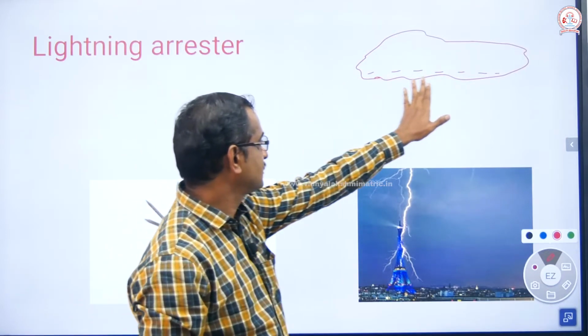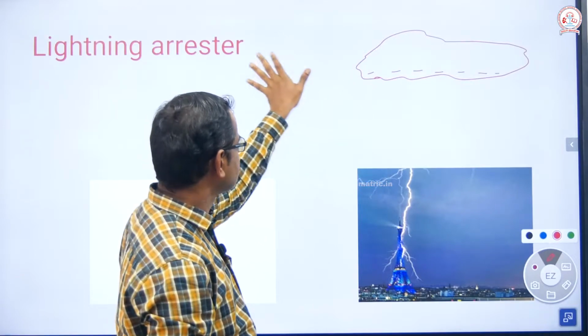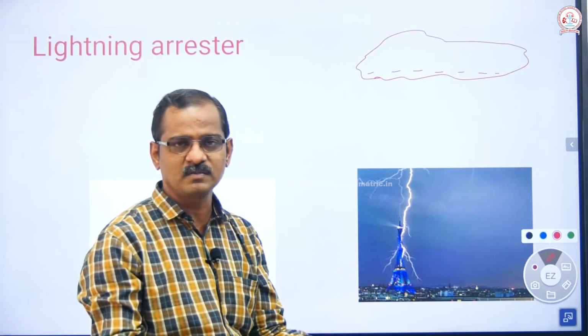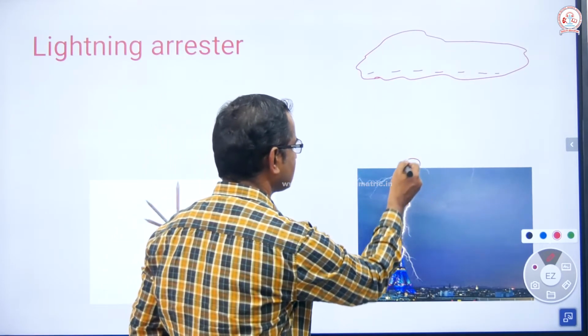And when these charges are moving, what happens? The excess charges, when different clouds collide also, will be leaked out during that lightning.